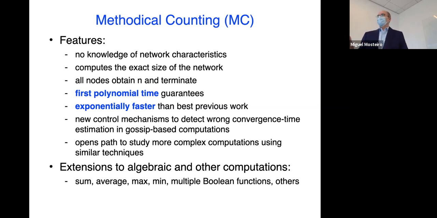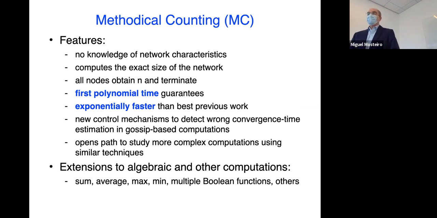But on the other hand, you need an estimate of convergence time. You need to know how many times you need to iterate on this sharing to know when to stop. If you don't know the network size, it's very difficult to know when to stop. I mean, the convergence time is normally, of course, a function of the network size.